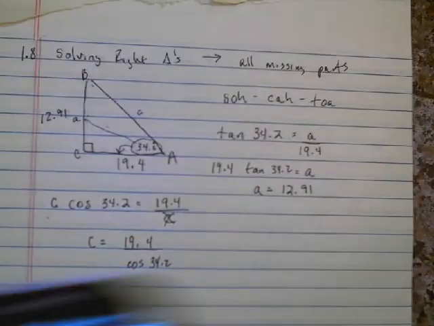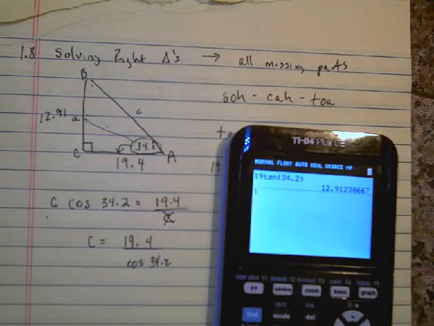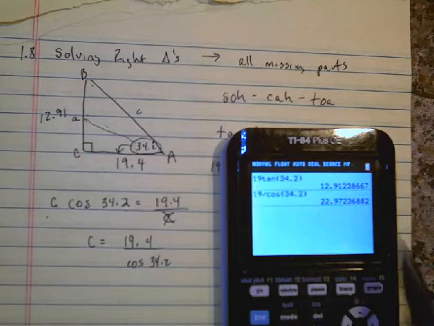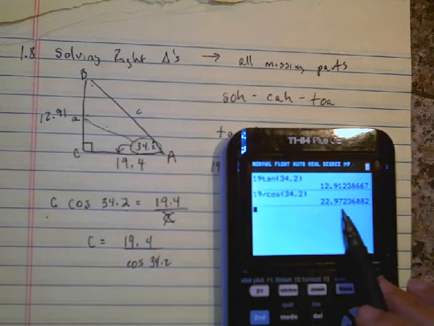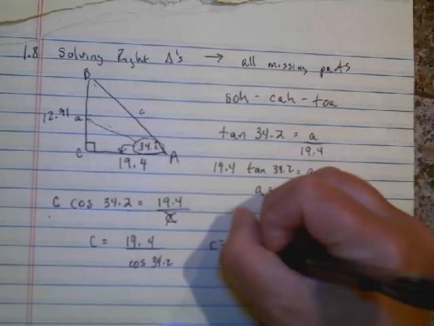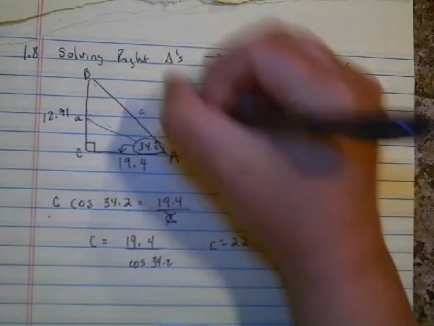This is how I would type that into my calculator. 19.4 divided by cosine 34.2 parentheses. And the answer is 22.97, because the 2 will not make the 7 round up. So C is 22.97.